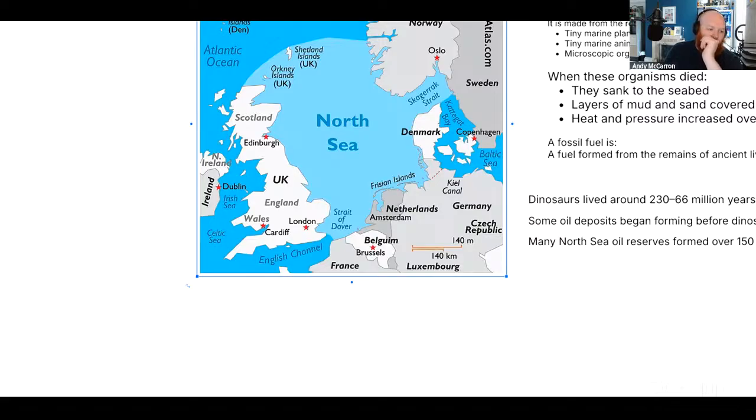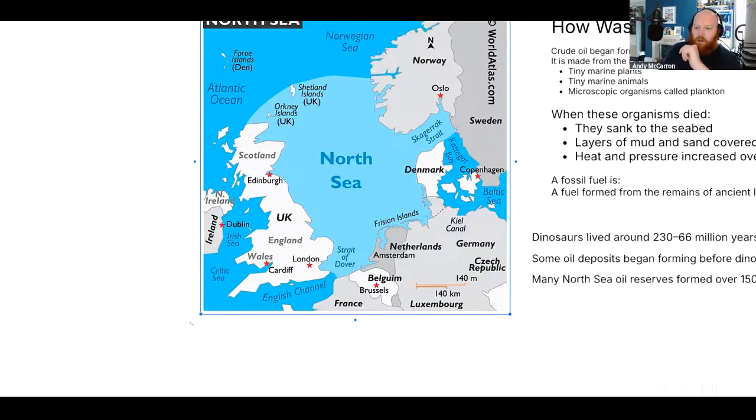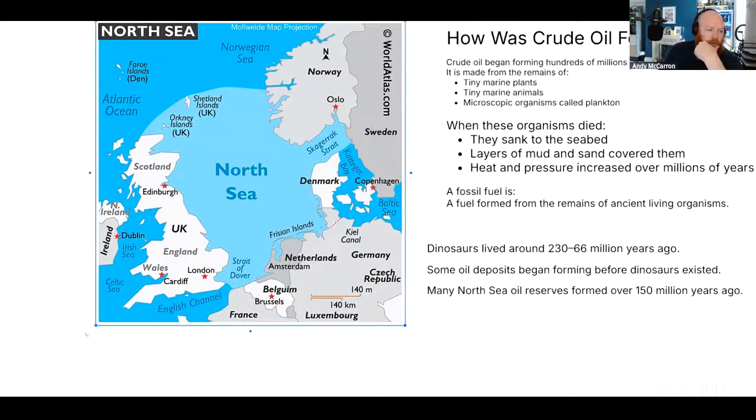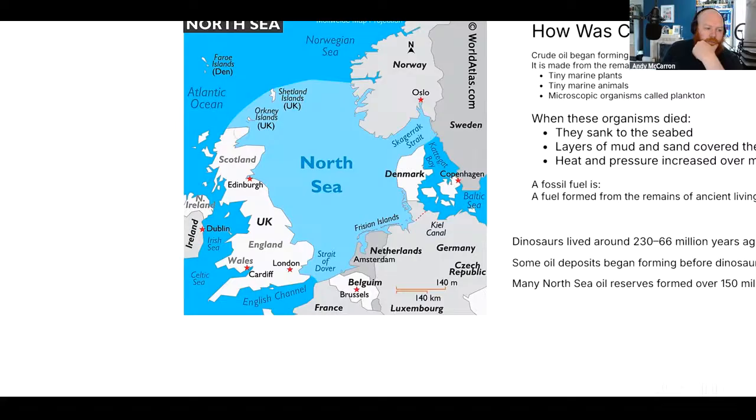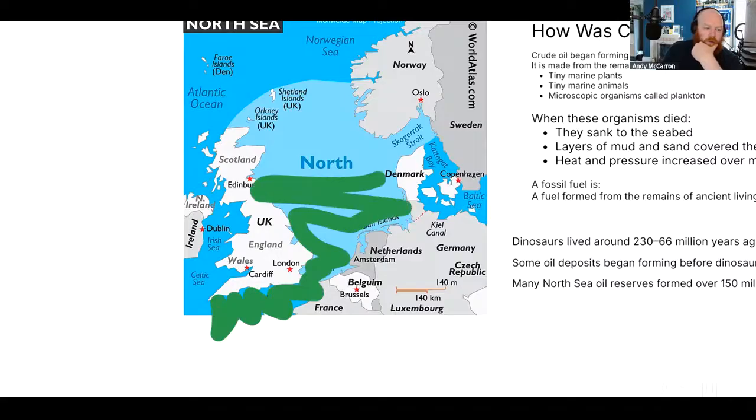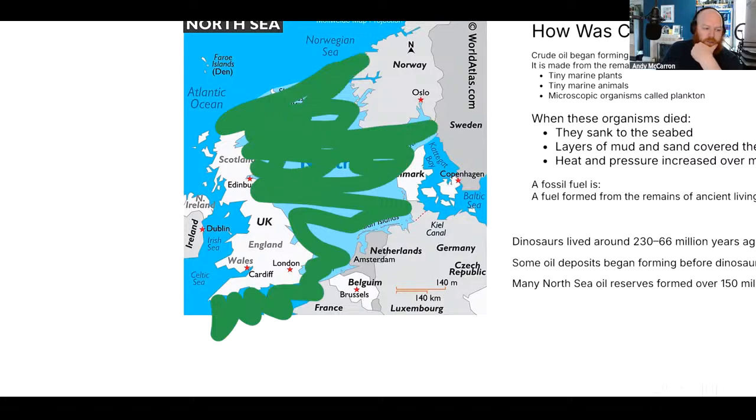So many of our North Sea reserves date from 150 million years ago, and we have huge amounts of evidence nowadays that the UK had marshland and stuff like that in here, and all of this was once land. All of this was land and marshland, and then eventually over time it faded away.